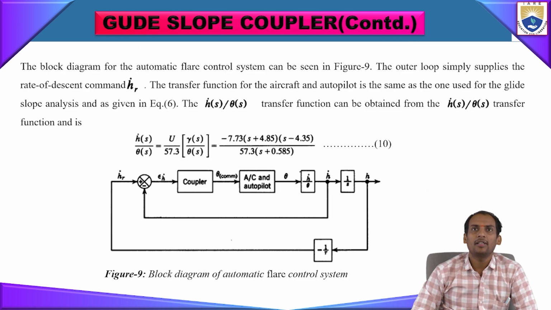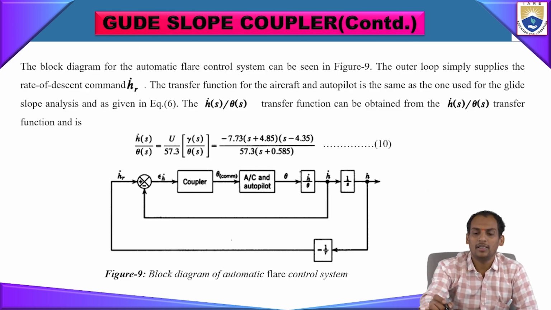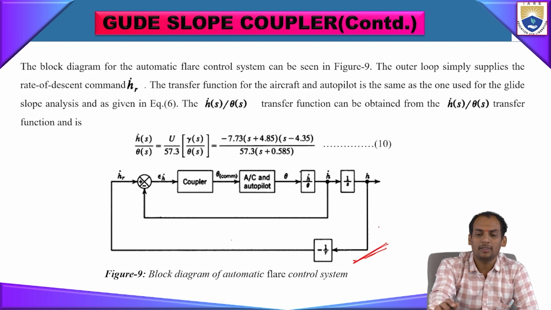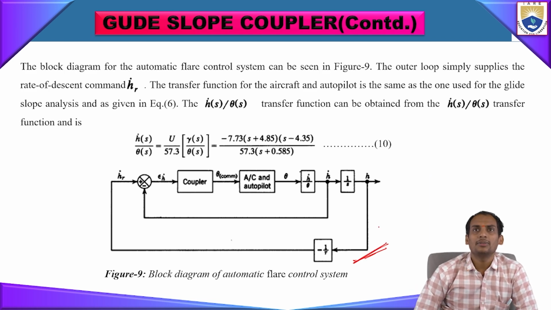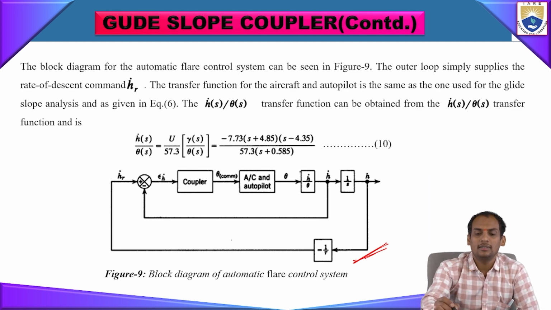So the block diagram of the autopilot for controlling the automatic flare has been given here. The outer loop simply supplies the rate of descent command HR.